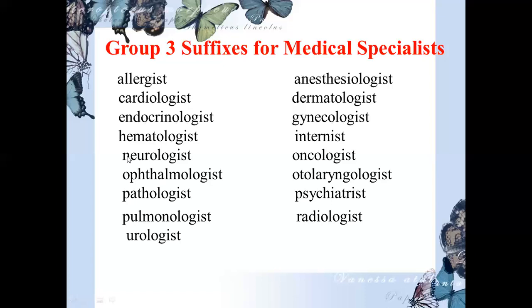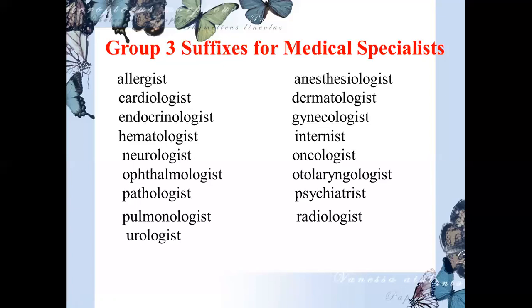So this word means specialist in treating blood diseases. And the next one is internist. Internist just means specialist in treating diseases of internal medicine, or you can also say a physician. Internist is a physician, a specialist of internal medicine.